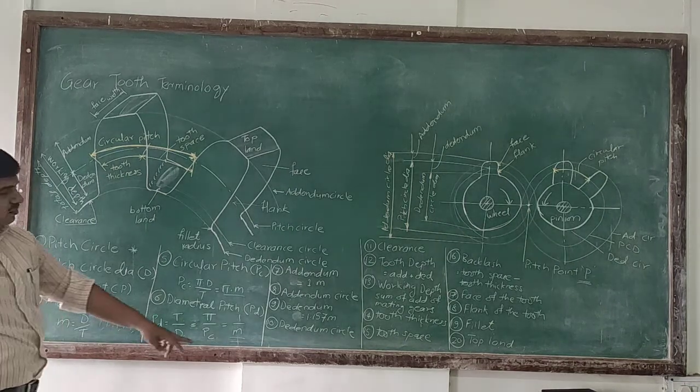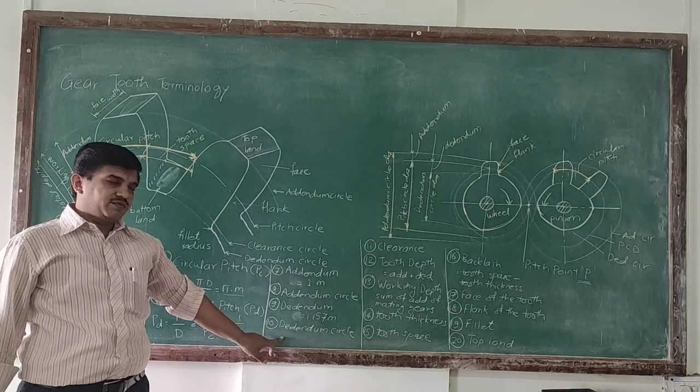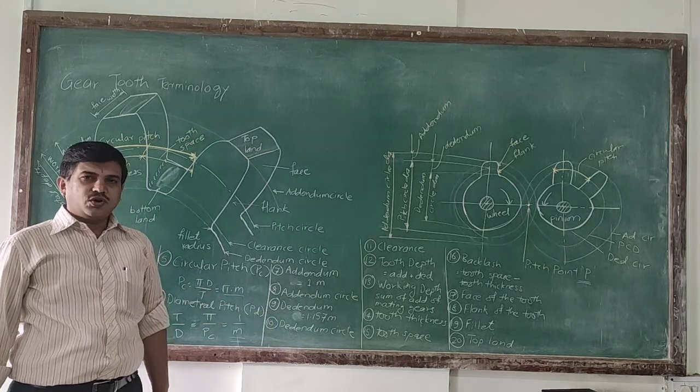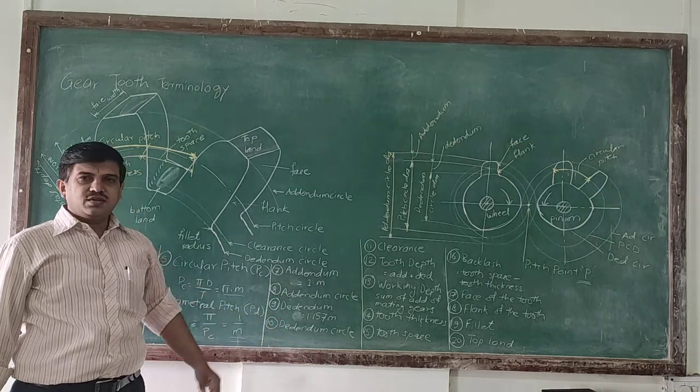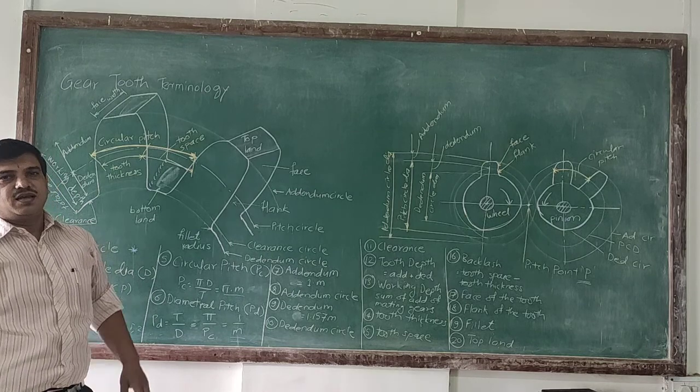Next is the dedendum circle. We will say dedendum circle first, then we will go for dedendum. Now what is the dedendum circle? You can guess.